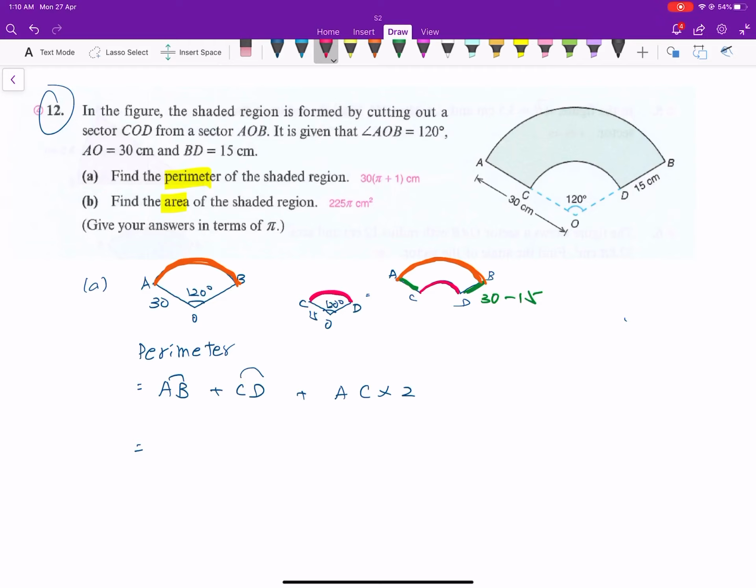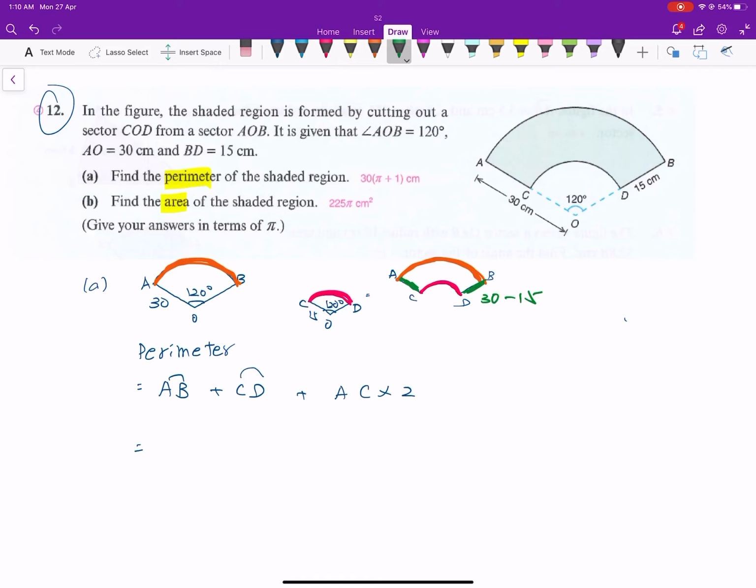And this part, the pink part, is the arc length of the smaller sector OCD. And of course, there are 2 green parts, AC and BD, which are equal, and equal to the difference of OA and OC. So it is 30 cm minus 15 cm.